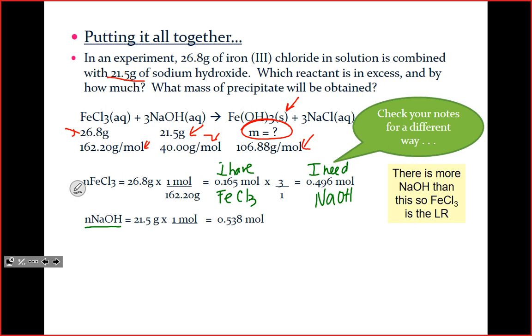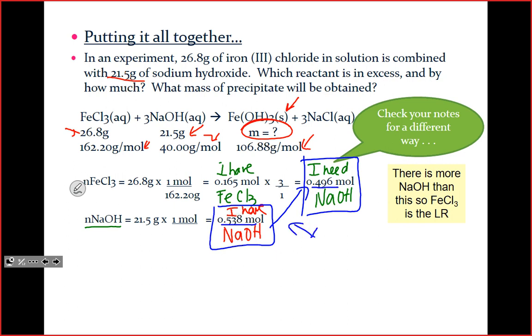I have 0.538 moles of sodium hydroxide. Now, at this stage of the game, I have already more than I need, because I have 0.538 and I need 0.496. This is my excess. If that's my excess, kiddos, then my iron 3 chloride becomes my limited. And this is my excess.